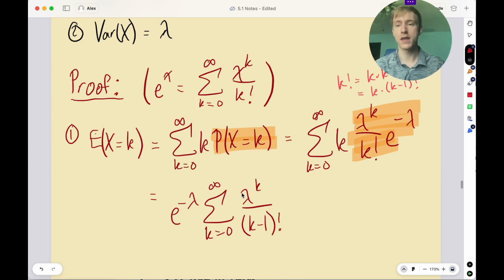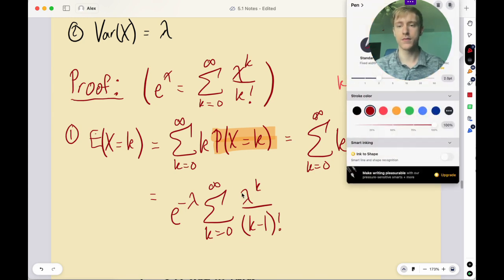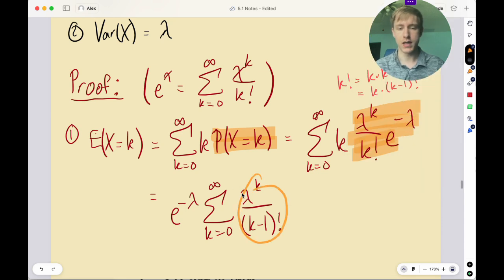Okay, now, this quantity right here is almost e to the lambda. If you look at the definition right here, remember e to the lambda would be lambda to the k over k factorial. We almost have that, okay?